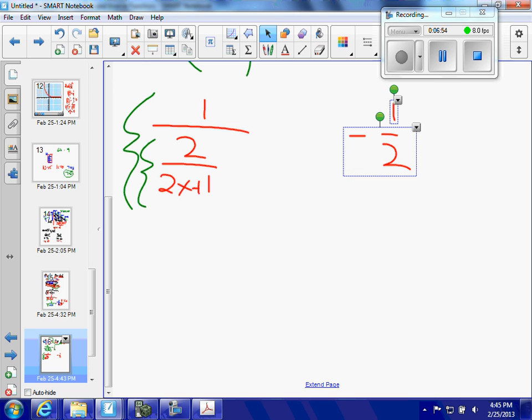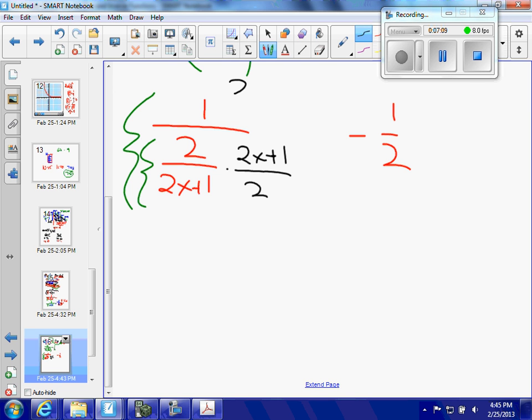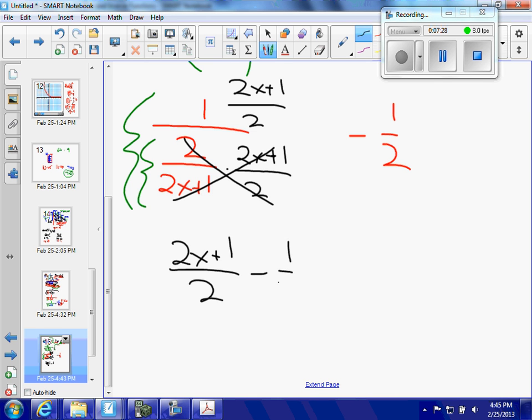I'm going to multiply by the reciprocal here of my denominator. So I will multiply this by 2x plus 1 divided by 2 on the bottom, and by 2x plus 1 divided by 2 on the top. So now I've multiplied my denominator by its reciprocal, so that cancels out and becomes 1, and what I'm left with is 2x plus 1 divided by 2 minus my 1/2.